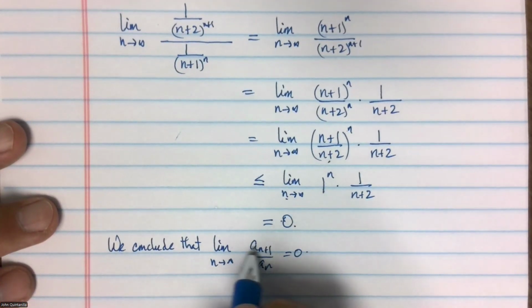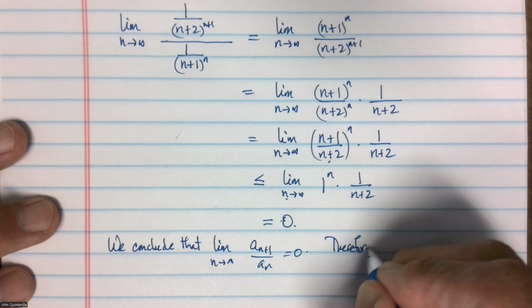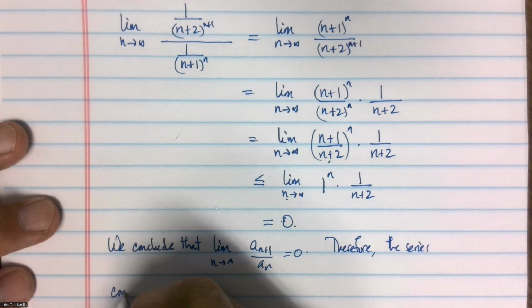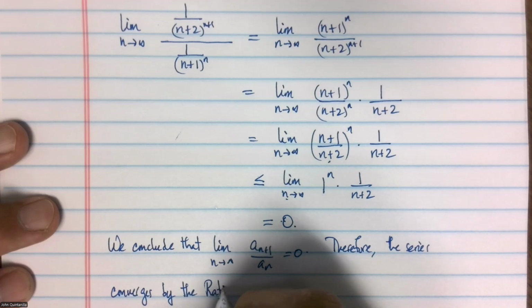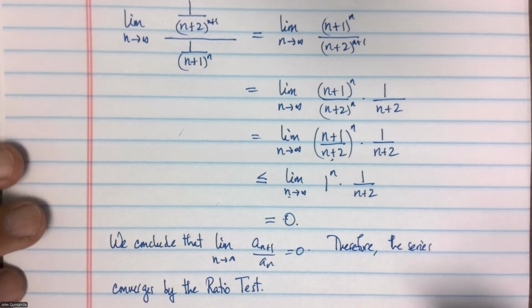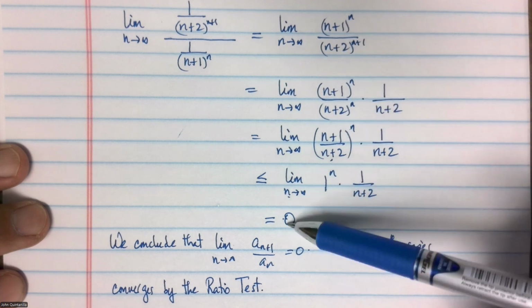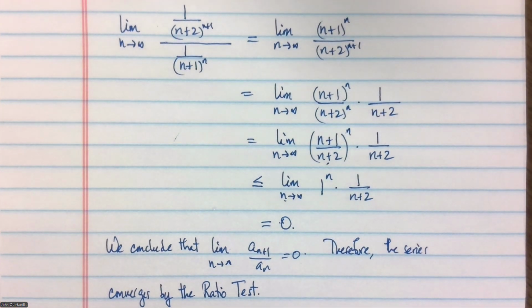And therefore, because this limit is equal to 0, the series converges by the ratio test. Okay, and so I certainly would not expect anybody to do the problem this way, but it can work with the ratio test. For this one, however, I would probably recommend the root test.